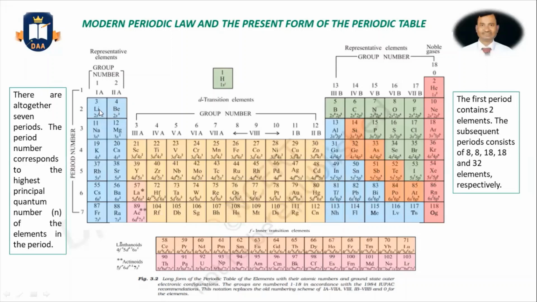If you go to the second period, you see 1, 2, 3, 4, 5, 6, 7, 8. The third period also has 8 elements. The fourth period has 18, the fifth period has 18, the sixth period has 32, and so on.